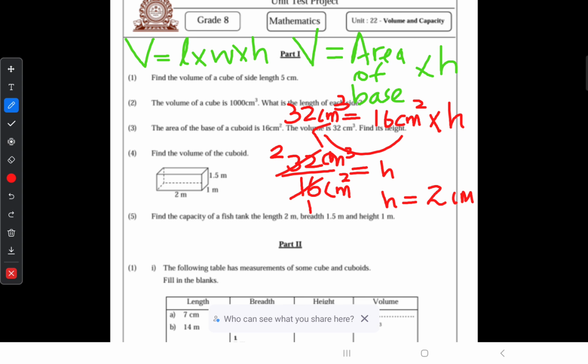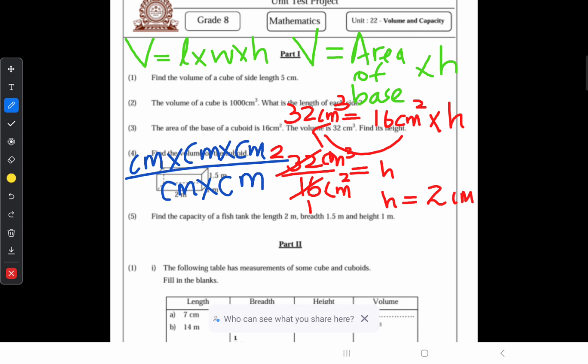How did this centimeter come? Because here you can see this is in cubic centimeters, and in the denominator you can see square centimeters. Here there are 3 centimeters, here there are 2 centimeters. The expansion of this means centimeter multiplied with centimeter multiplied with centimeter, divided by centimeter square, that means 2 centimeter values.